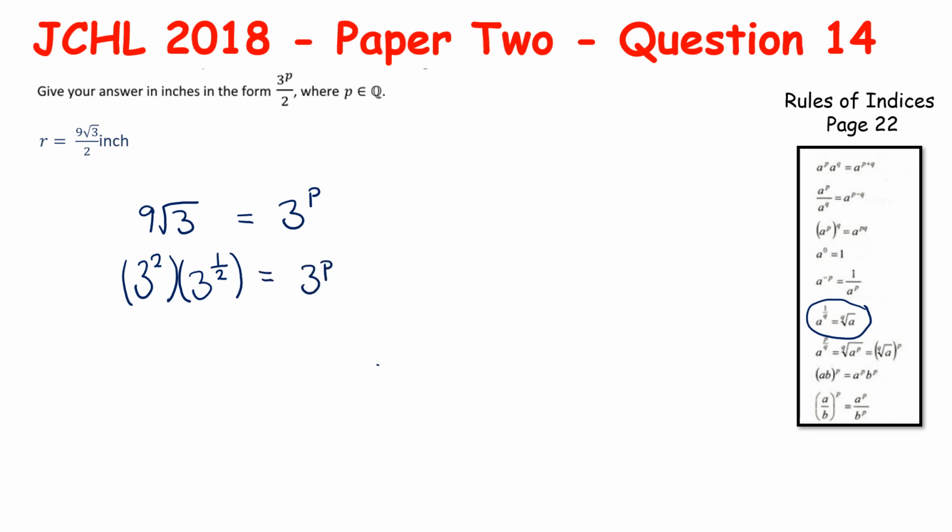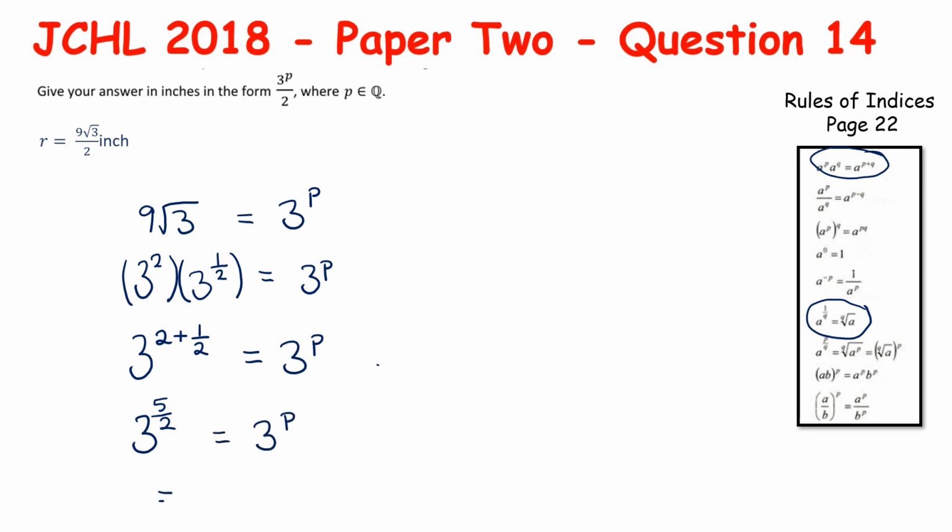So when I want to multiply two numbers where it's the same base, I'm going to use my law 1 here, which tells me to add my powers. So that's 2 plus a half, and you can do that in your calculator. You get 2 and a half, or 5 over 2.